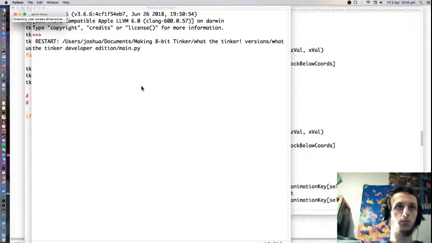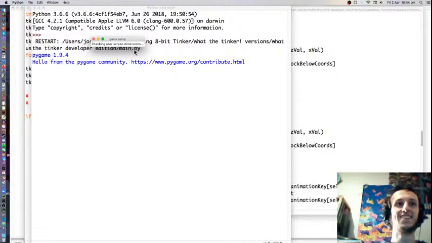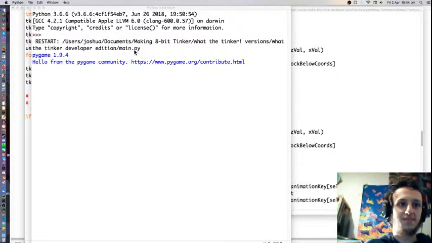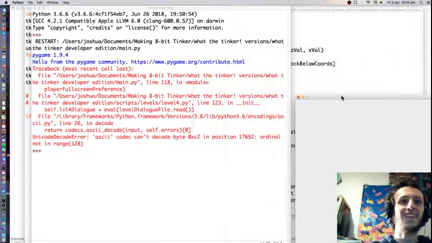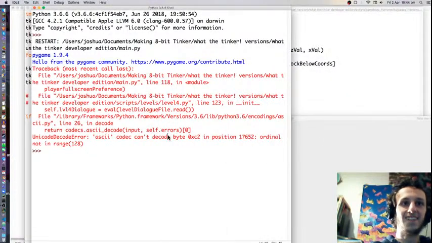Ooh. Oh wow, how long is it going to take to load, with my computer dying on me? Oh no. What's it trying to do? Why is that not working?